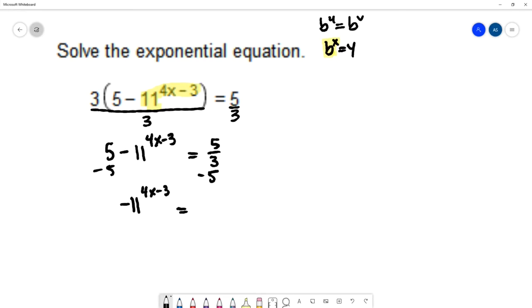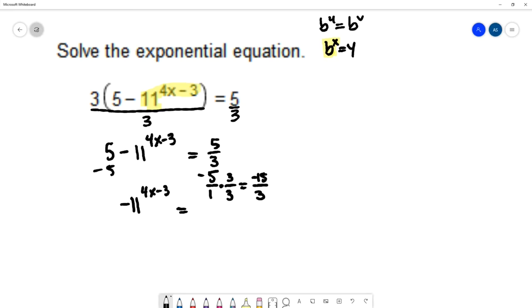And we want to combine this fraction and whole number together. So in order to do that, we need to have a common denominator. So I'm going to rewrite that 5 as 5 over 1. And the common denominator will be 3, so I'll multiply by 3 over 3. And that gives negative 15 over 3.